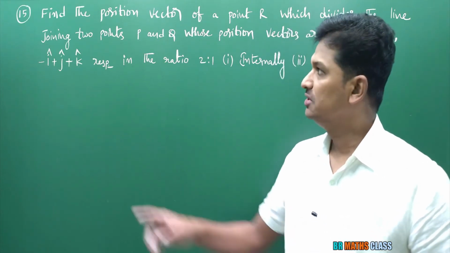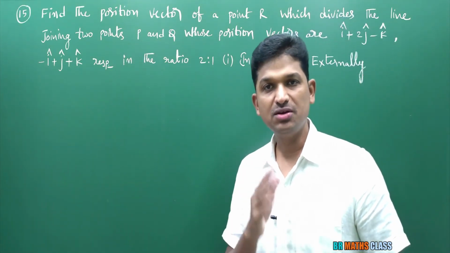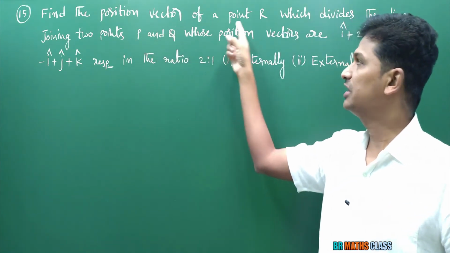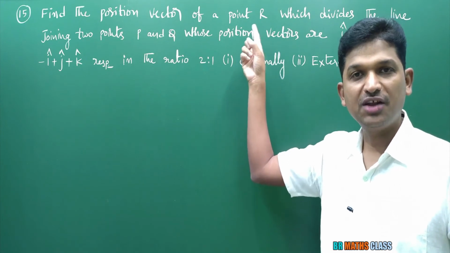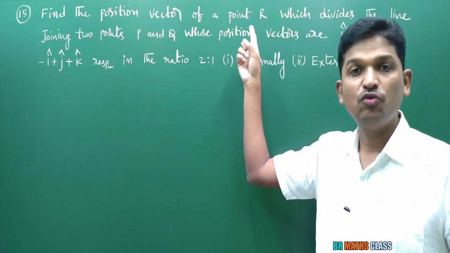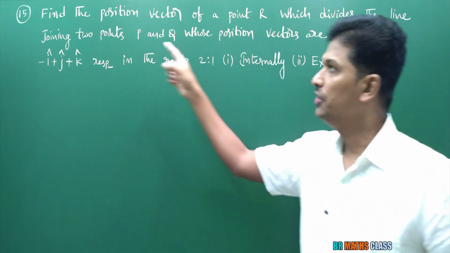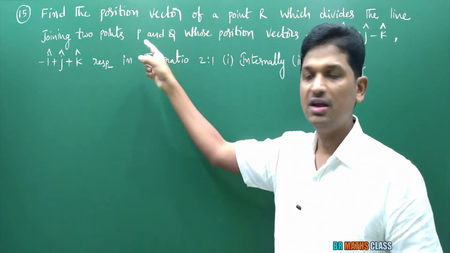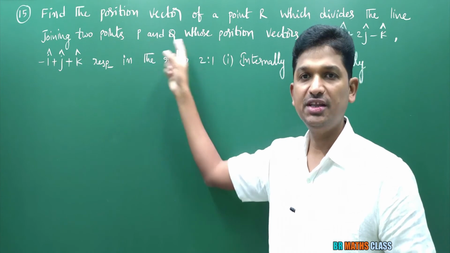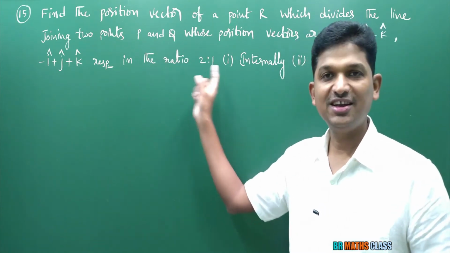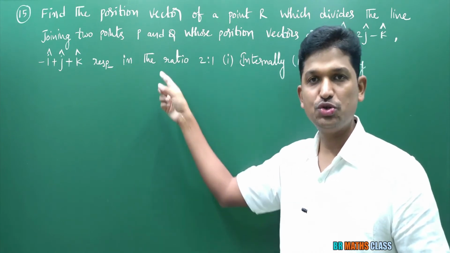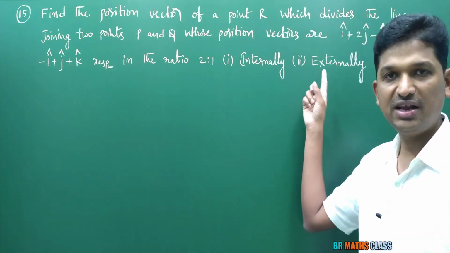You observe this question number 15, it is based on section formula. What they are asking in the question? Find the position vector of a point R. Position vector of a point R is denoted by OR bar. So we need to calculate OR bar. And the point R divides the line segment joining the points P and Q in the ratio 2:1 internally as well as externally.